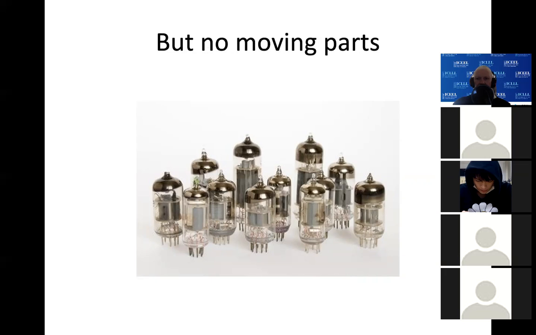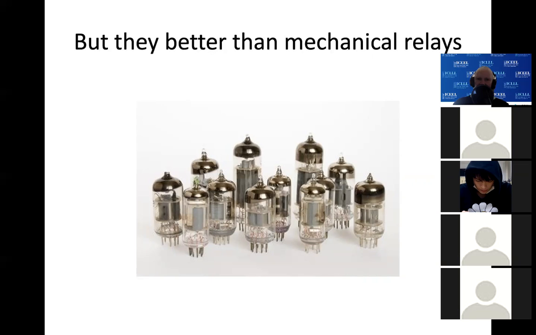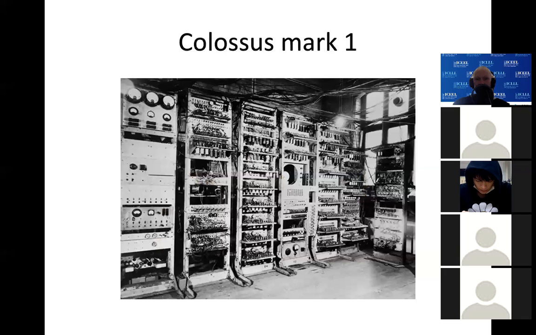But there's no moving parts, so it's a bit of an improvement. Nothing's actually moving now. But they overheated. They did get very, very hot, and sometimes they broke down. But they were better than mechanical relays, where there's an actual thing moving.